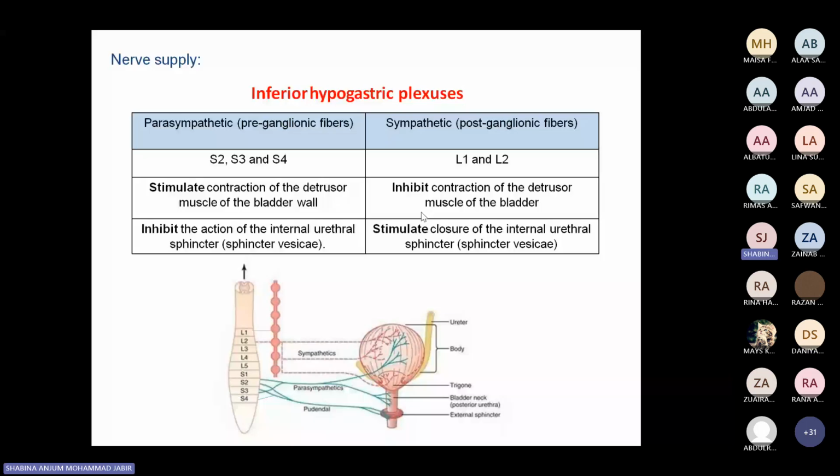So we have the nerve supply through the inferior hypogastric plexus. This is very, very crucial, very important.